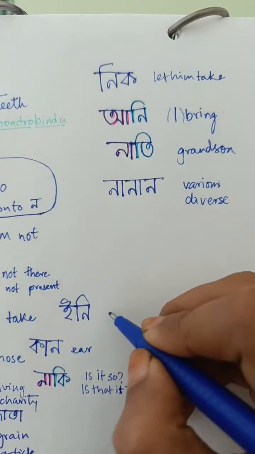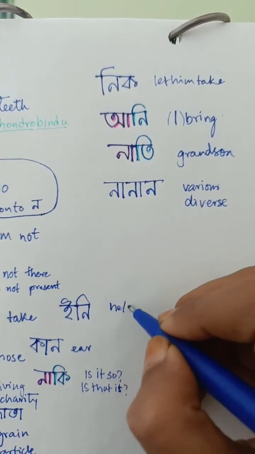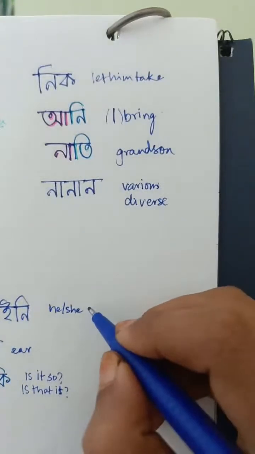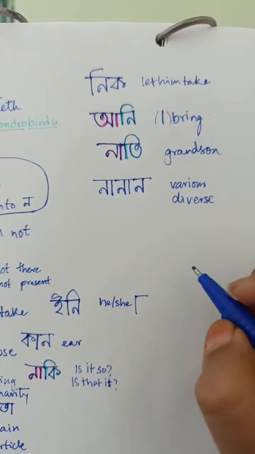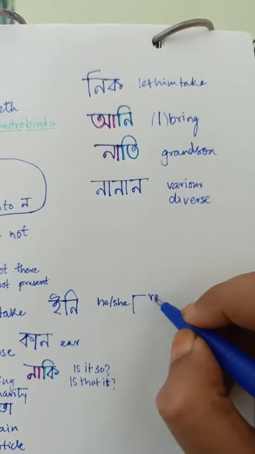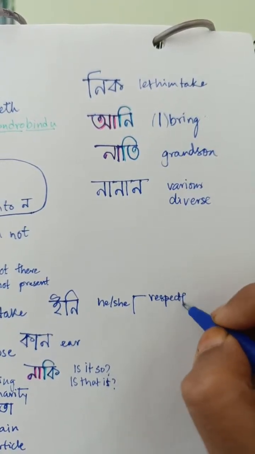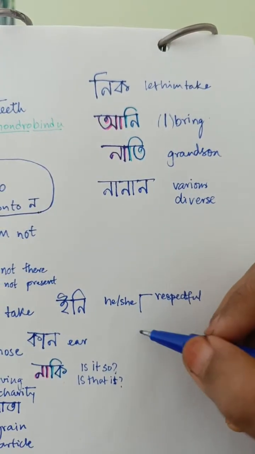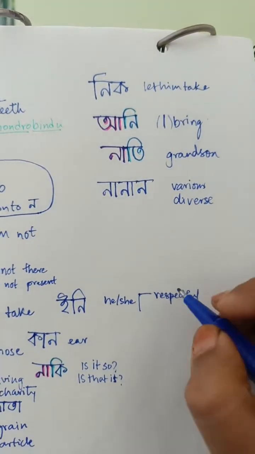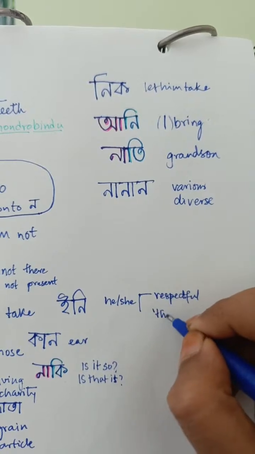This means like he or she, but specifically it means when he or she is older than you or higher than you in some way. So this is the respectful version of saying he or she. In Bangla, there's no distinction of gender, so he or she, it's the same thing. We just mean this person.